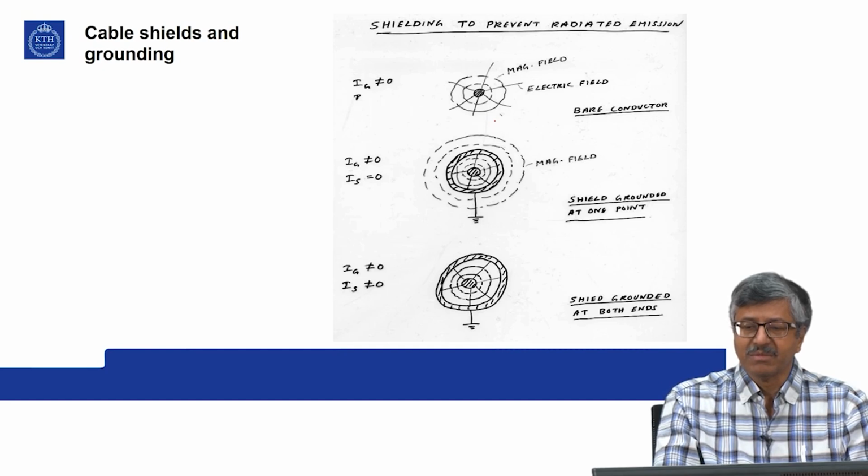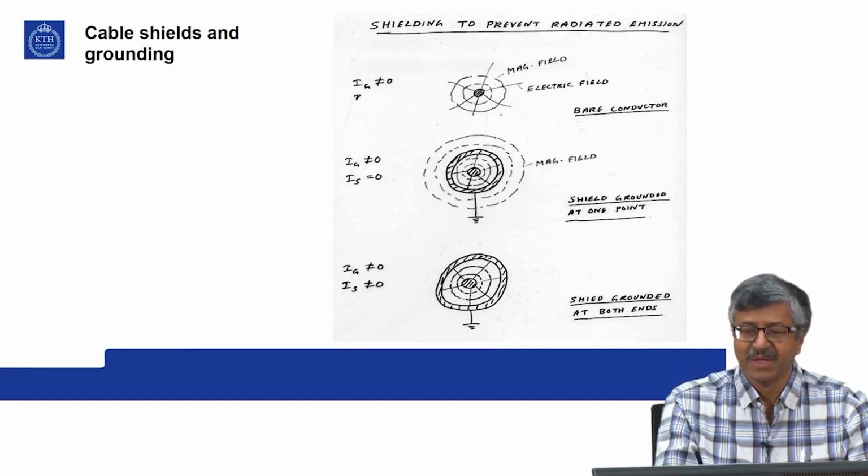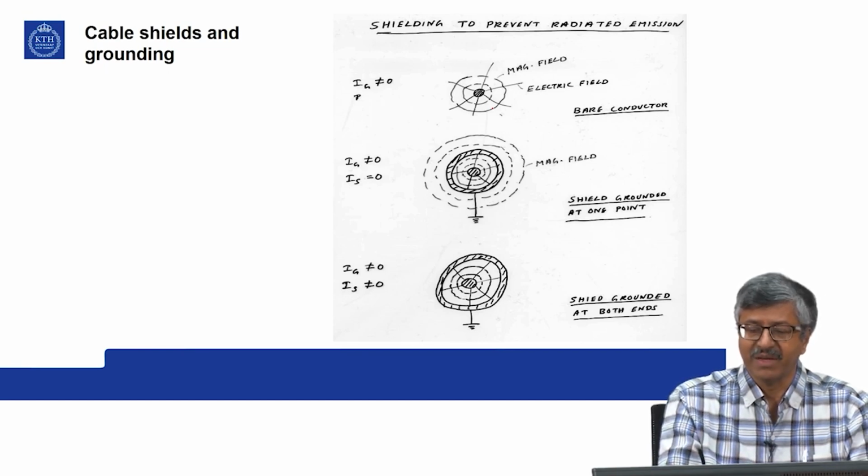So, this is just a bare conductor. It does not matter whether you have a shield or not, as long as the shield is not carrying current, it is not having any effect.